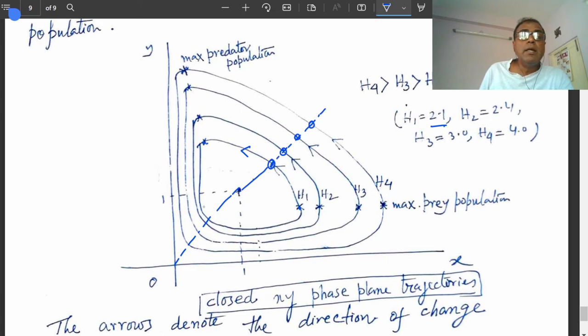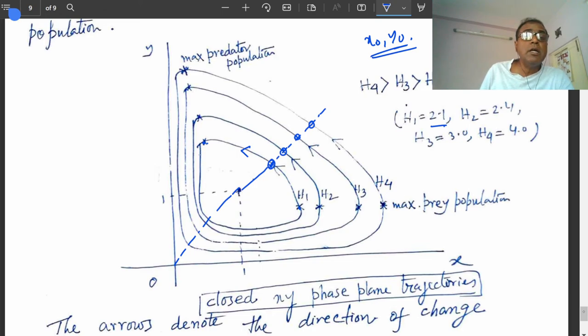Then again, if you choose c0, that means x0, y0, if we choose this first initial condition x0, y0, then the prey density first increases, and then the prey density decreases and the predator density increases, and again this is almost constant.